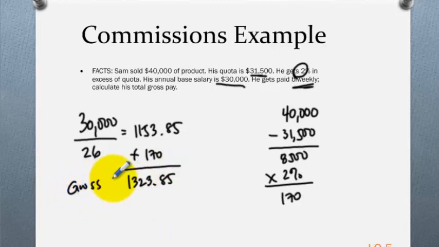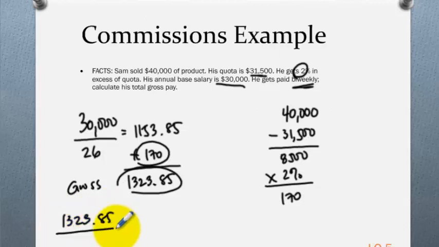Now again, when you're trying to calculate whether he has to get paid minimum wage or not, you're going to use these commissions as part of that calculation. Right now our minimum wage is $7.25, so let's see, does he get paid at least minimum wage? You take what he gets paid, $1,323.85.